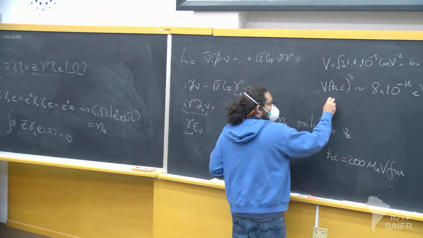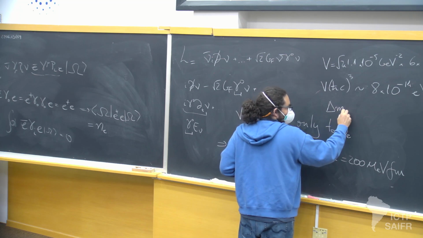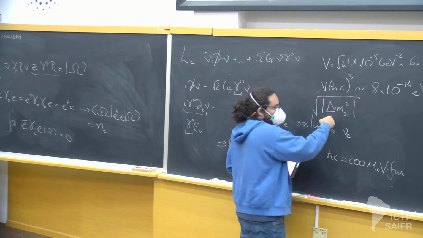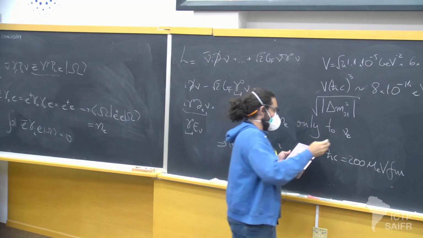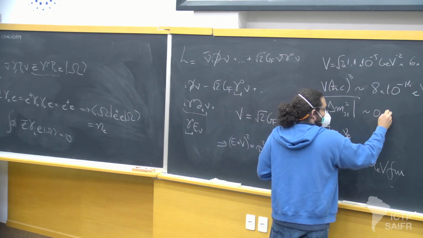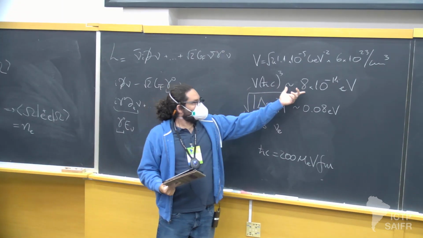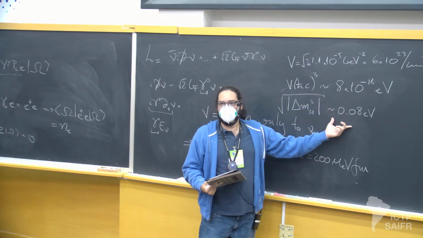If you look at the delta M squared, the mass splitting for, say, atmospheric neutrinos, and let's take a root of that because it's mass square, this is about 0.08 electron volts. So how can it be that this actually matters over that?